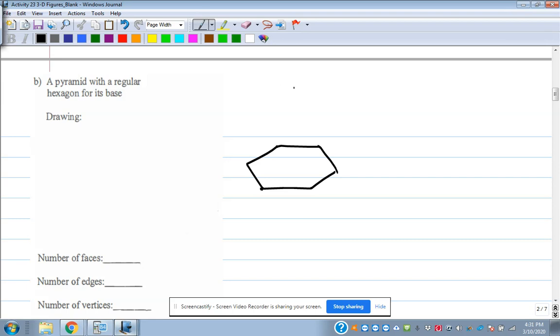I'm drawing a pyramid, so I want my top up here kind of over the center of it. And then I'm connecting corners. And that one's kind of weird. Just the way it's oriented. I probably could spin it a little bit.